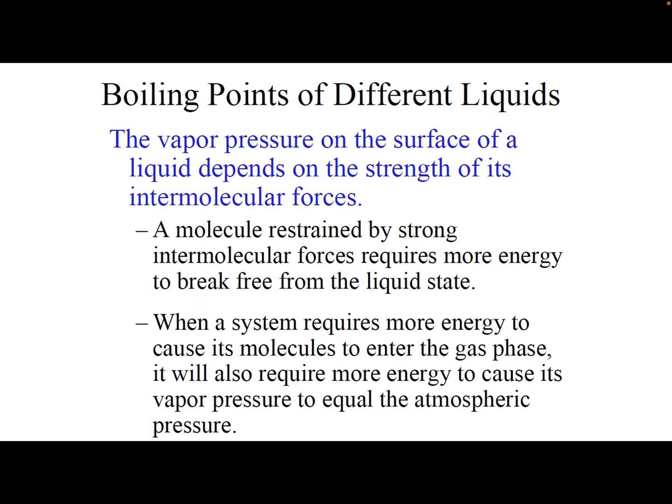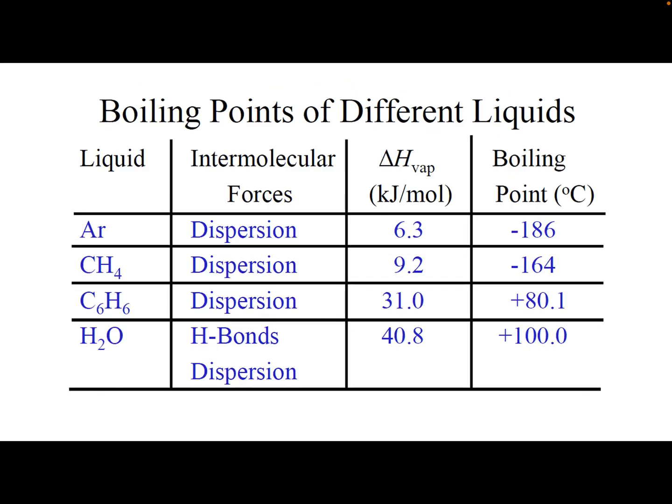And so if there are strong intermolecular forces, it's not going to enter the gas phase as easily. When a system requires more energy, it will require more energy to cause its vapor pressure to equal the atmospheric pressure. And so the boiling temperature will be higher for those substances that have stronger intermolecular forces.